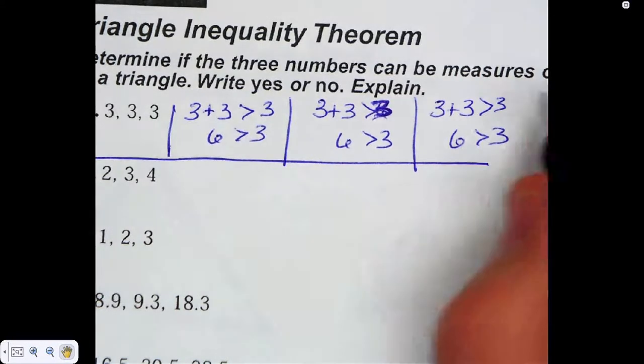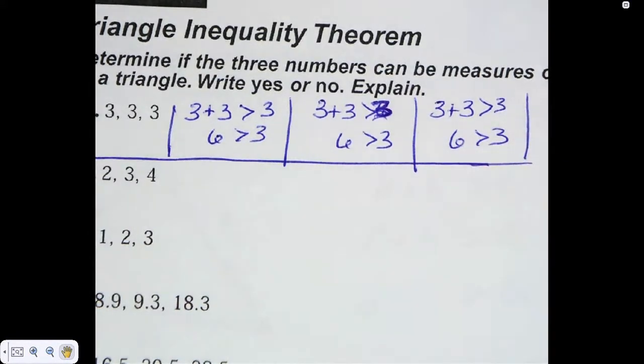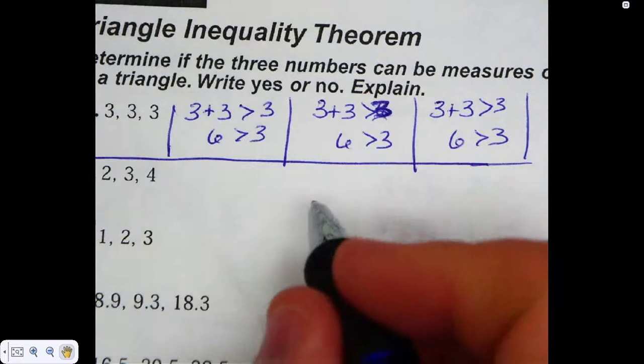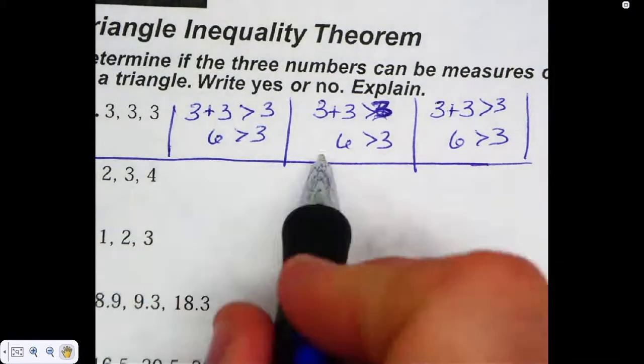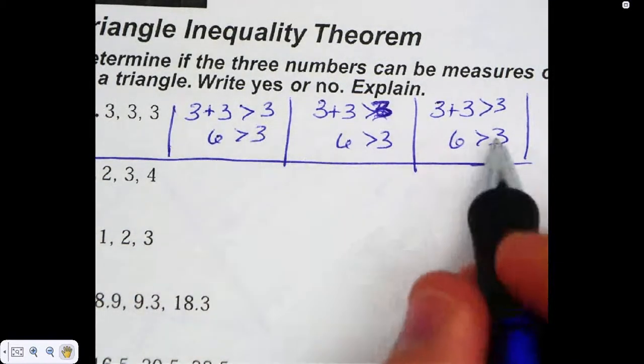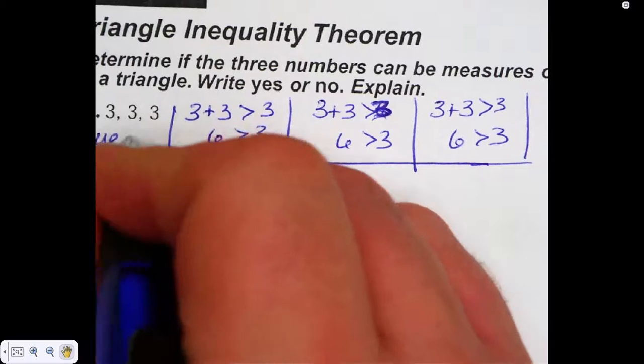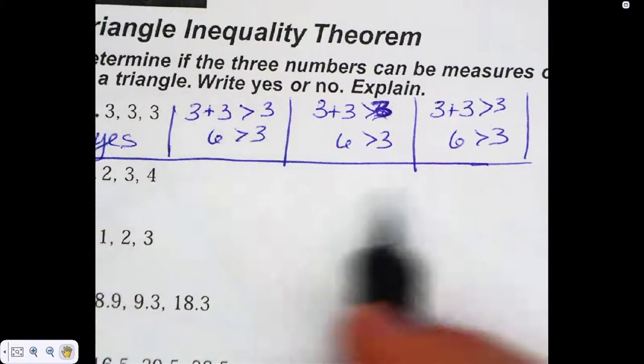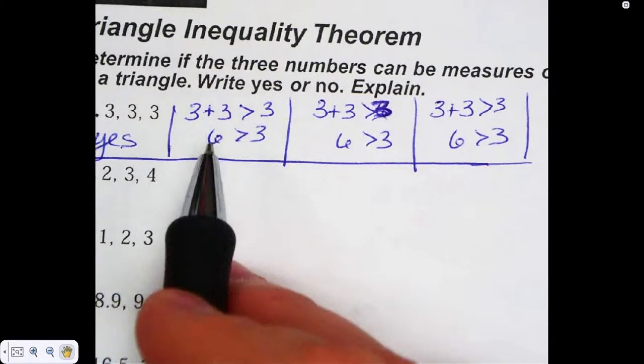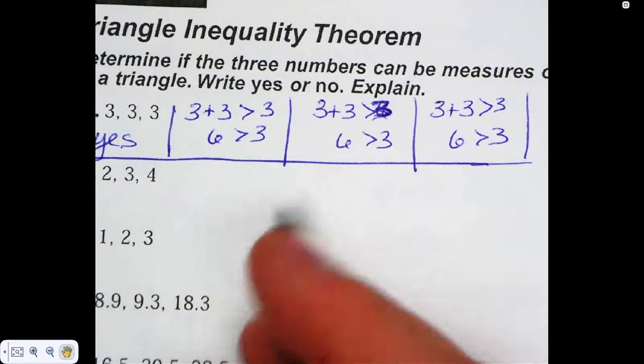Because all three sides are the same, aren't they? So, my answer, can this be a triangle? In every single case, is A plus B bigger than C? So yes, it can. Explain, I just did. Didn't I? I showed how it worked.